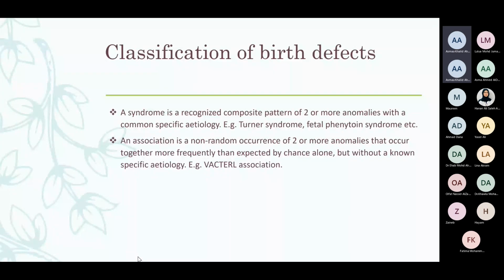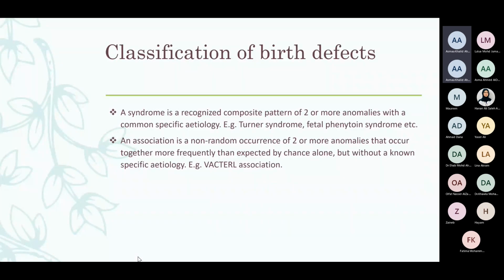Now, a syndrome is recognized or defined as a composite pattern of two or more anomalies with a common specific etiology, something like Turner syndrome. When there is a non-random occurrence of two or more anomalies that cannot be expected by chance alone, it's called an association, something like VACTERL association.